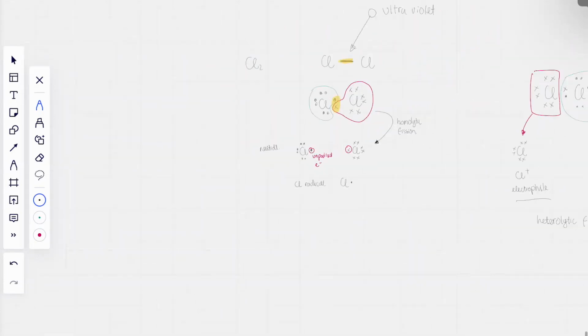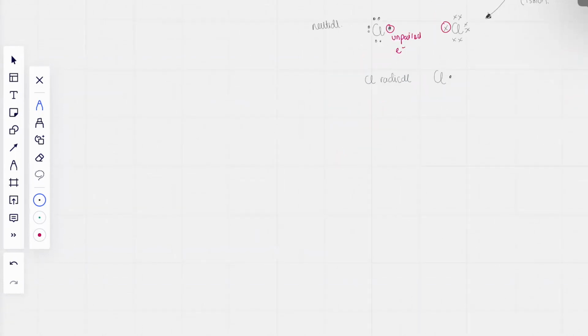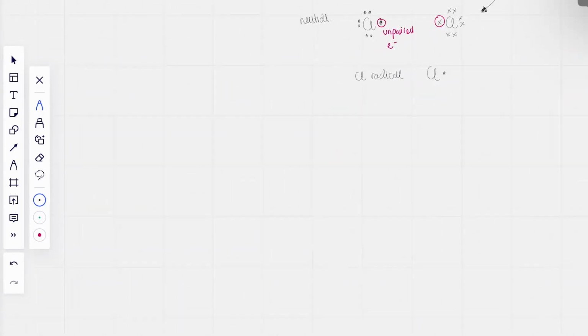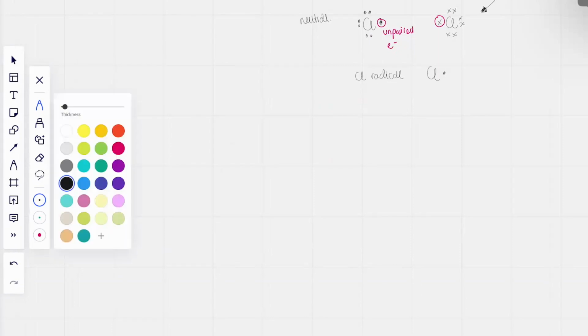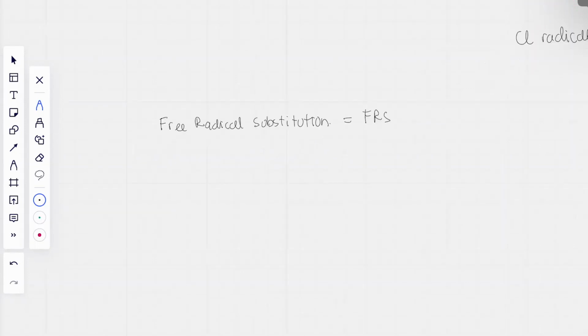Now, this is the reaction, the free radical substitution. The name of the reaction is free radical substitution. People call it FRS. Okay, the first step.